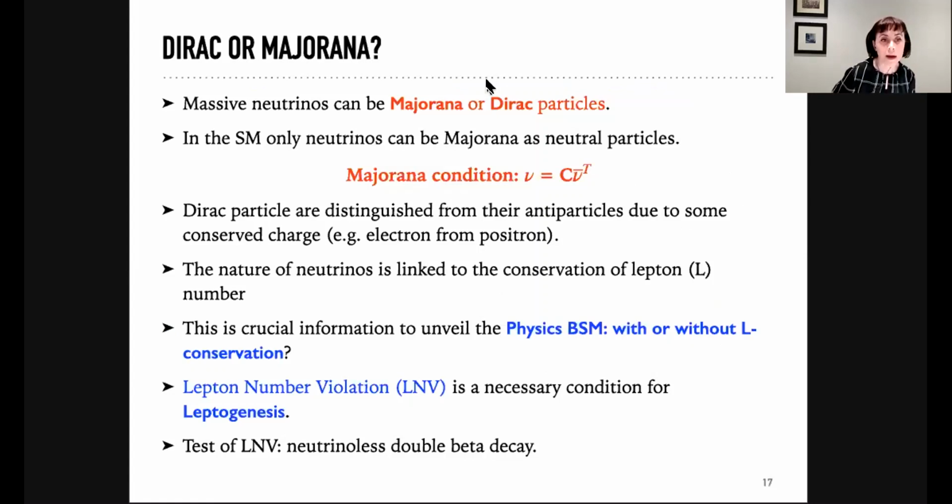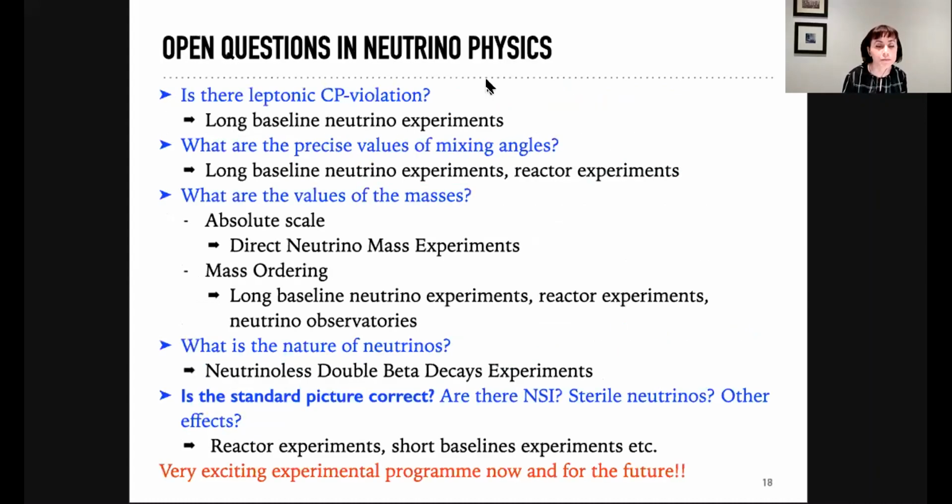And the Majorana condition means that the particles are identical to their own antiparticles. So neutrinos are the same as antineutrinos, which is different from normal matter, that is Dirac particles. So now we are looking at the two things in order, CP violation and then lepton violation.